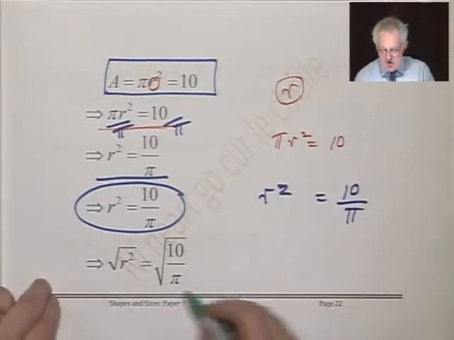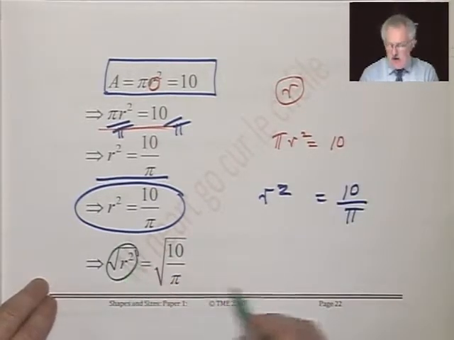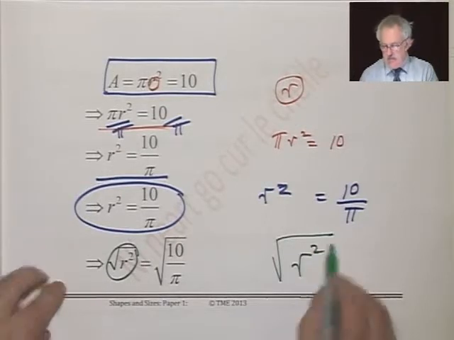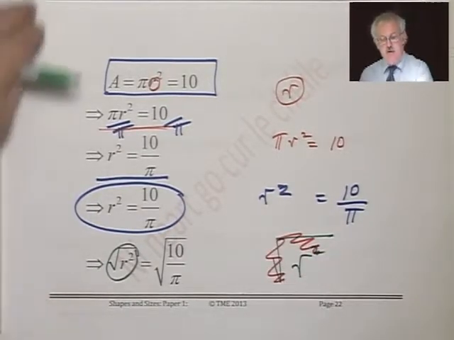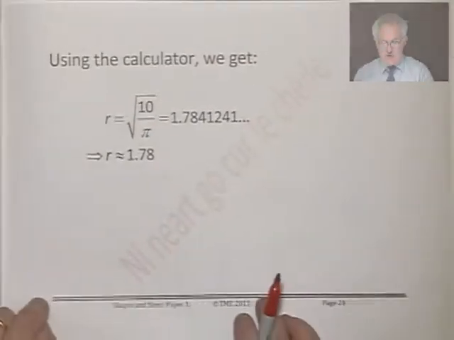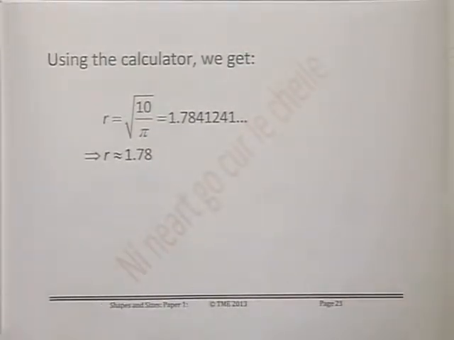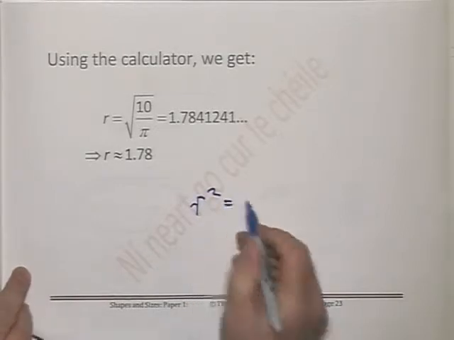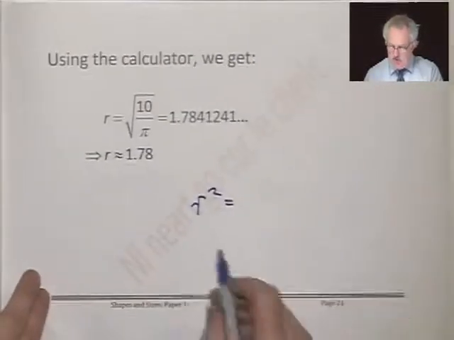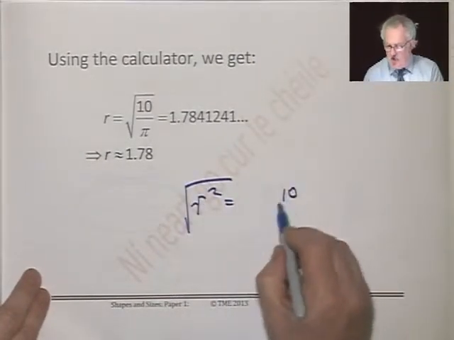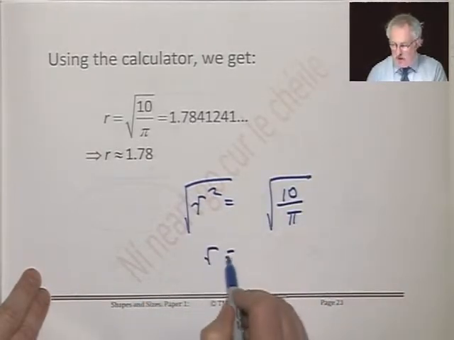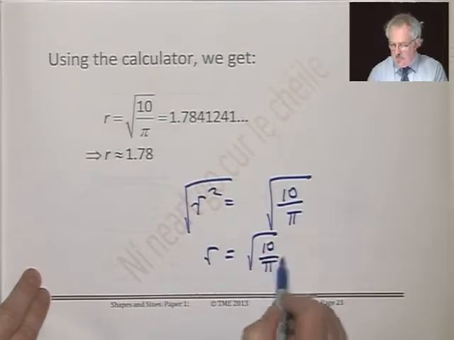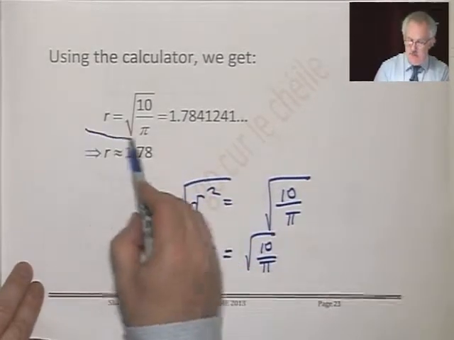So the square root of r squared is really one cancelling the other out. So if the square root of r squared is the square root of 10 over pi, that's actually the same as r is equal to the square root of 10 over pi, because those two cancel.